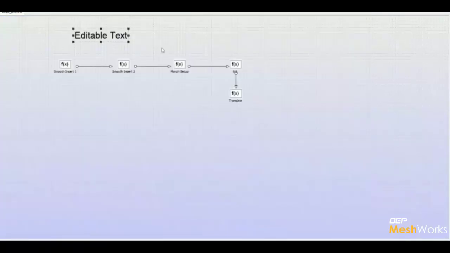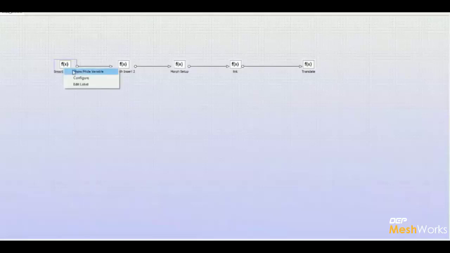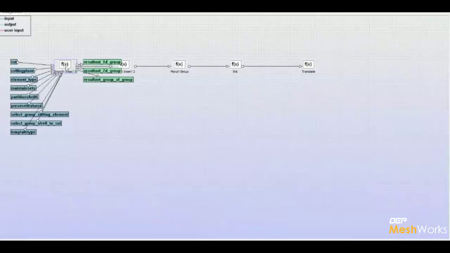As you can see here, it's a kind of flow chart. Whatever process you have followed in the pre-processing will be given as a flow chart to you. So this is the very first feature insert, which is a smooth insert. Here on your left side you can see whatever inputs the user is going to give, and this is the output of the particular process, whatever the user is getting as output. For this input, we can specify the buttons here.